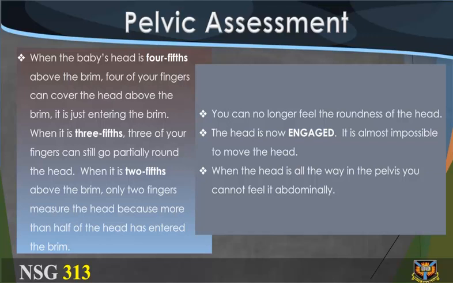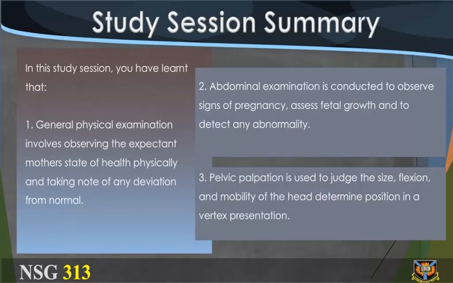You can no longer feel the roundness of the head. The head is now engaged. It is almost impossible to move the head. When the head is all the way in the pelvis, you cannot feel it abdominally.